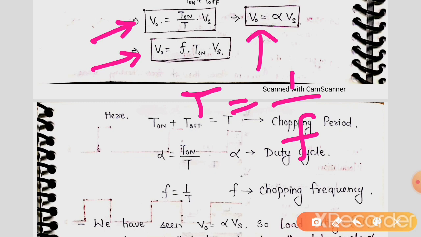So these are the formulas which one needs to remember, and questions are asked based on these formulas from this topic. So you need to remember these formulas in this form.